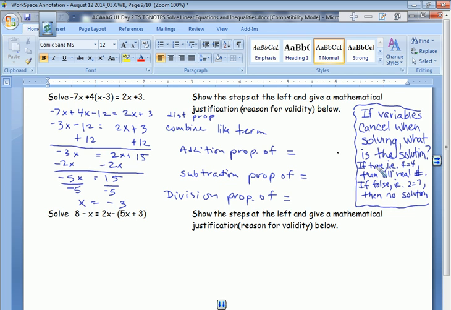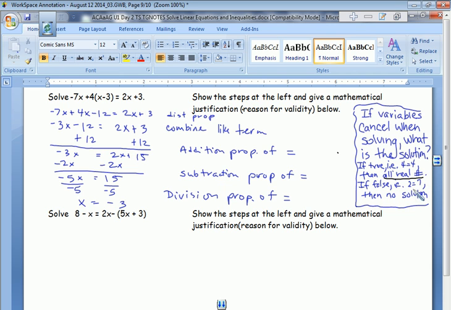One of them is we're left with something that's true, like 4 equals 4, or 0 equals 0, or negative 8 equals negative 8. We're left with a true statement. And if that happens, then our answer is all real numbers. Because any real number that we plug into that equation will work.